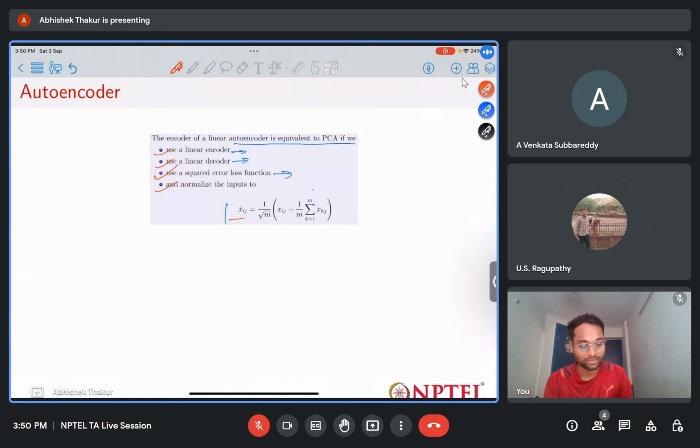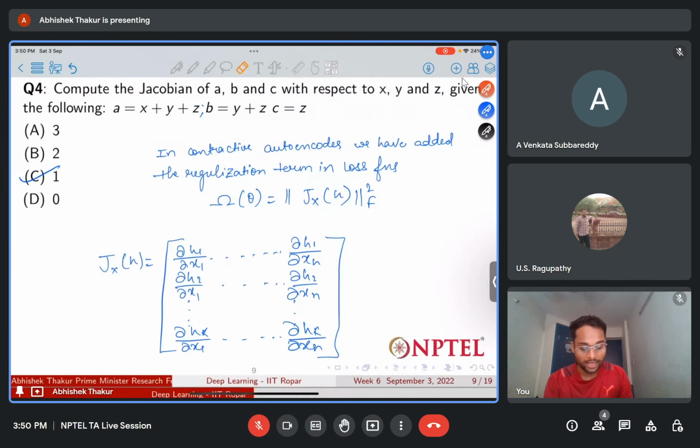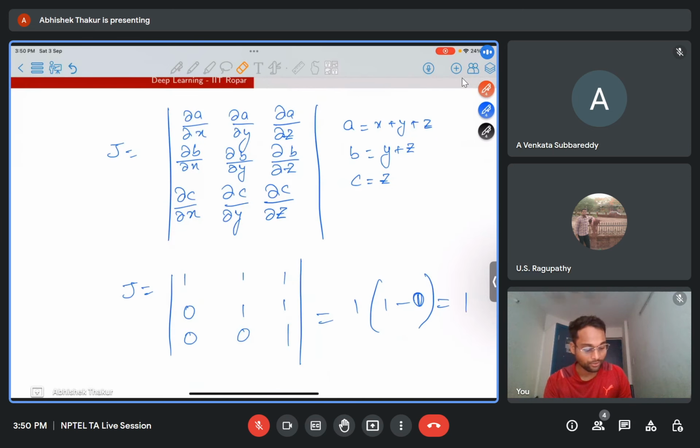And autoencoders are equivalent to PCA if we use a linear encoder, a linear decoder and a squared error loss function, and we can normalize the input too, as we saw in this question. We have also seen how to calculate the Jacobian. This is the formula for calculating the Jacobian, and we calculated it for one simple example.